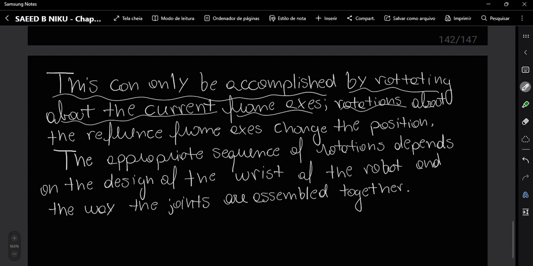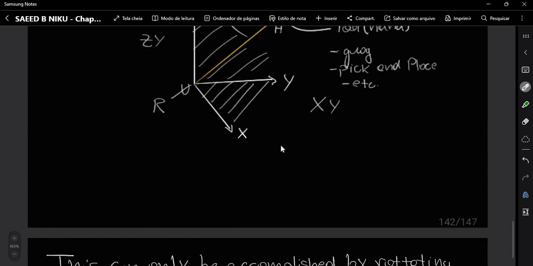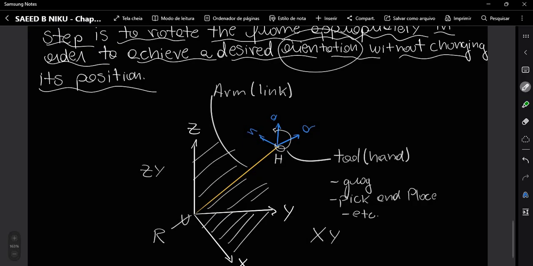Rotations about the reference frame axis change the position. So it's something like we have just to rotate this frame, and let me divide this in one link and two links.